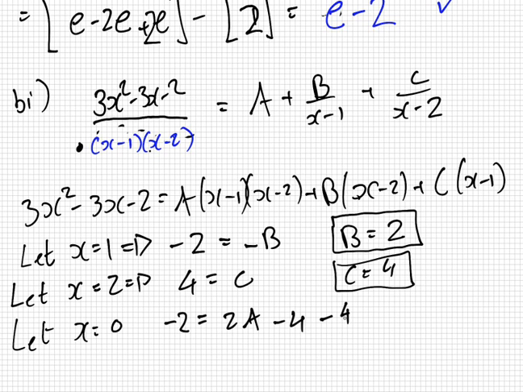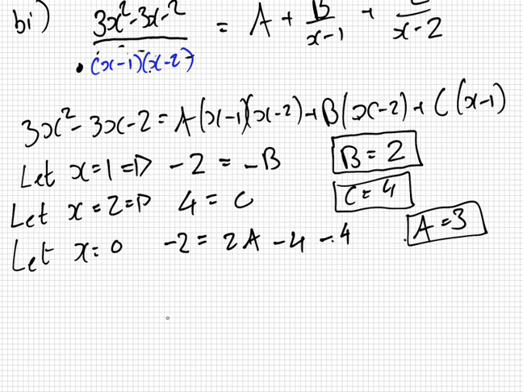So that's minus 8. Take it to the left is positive 8. 8 minus 2 is 6, divided by 2 is 3. So I get a equals 3. So the answer is 3 plus 2 over x minus 1 plus 4 over x minus 2.